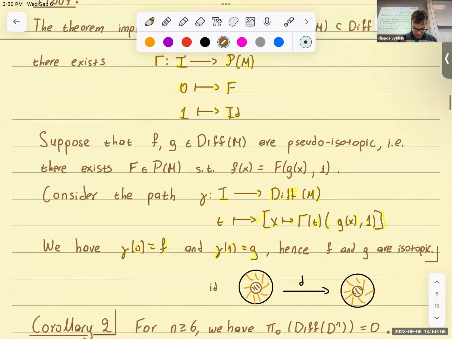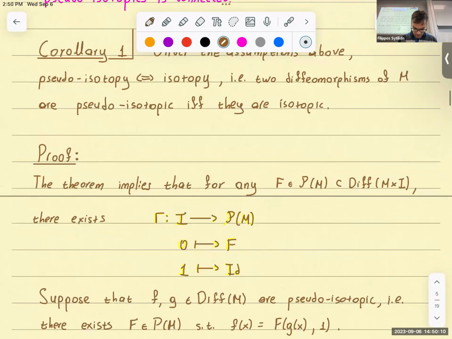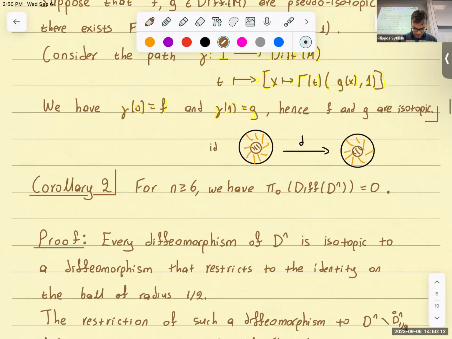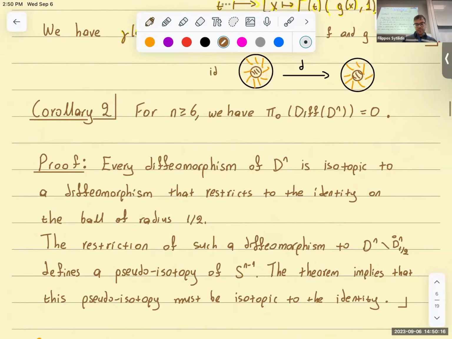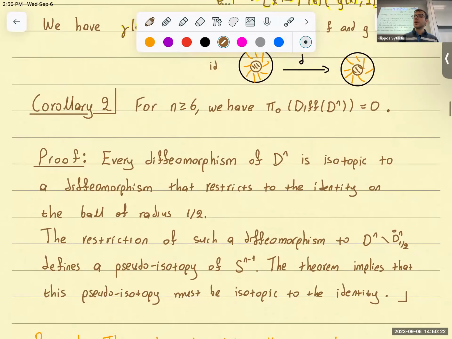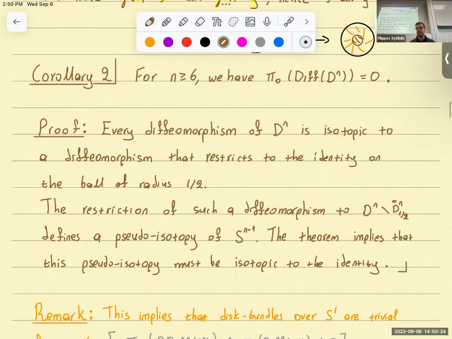Or wait a minute, do I actually need it here? It's starting at the identity by definition on the boundary of that dark brown ball, so it's clearly from the start the identity. This is just the connectedness of the pseudo-isotopy. Exactly, I don't need anything more.